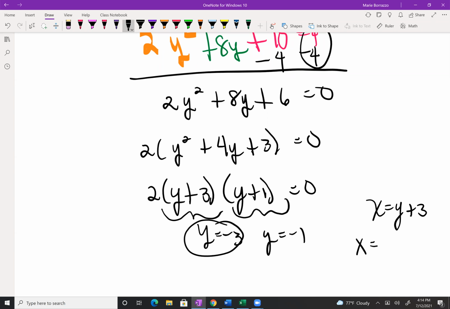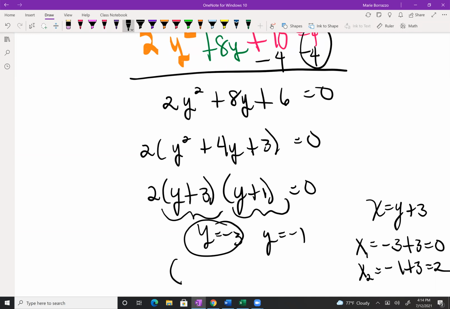So I have x is equal to -3 plus 3, which means that x is 0. And I have the other solution, we'll call it x1 and x2. So here's x2, which is basically equal to -1 plus 3, which is equal to 2. All right, and so that means that I have 2 coordinate points.